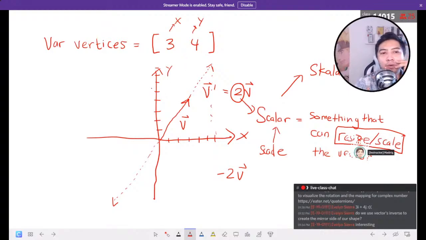To be honest, if you want to have the exact mirror towards this y-axis, then the scalar is not that simple. We cannot use a simple scalar to represent this new vector. We need to use some other type of transformation that we will learn in the next week's meeting. So hopefully this will also help you to understand the nature of scalar and the vector.